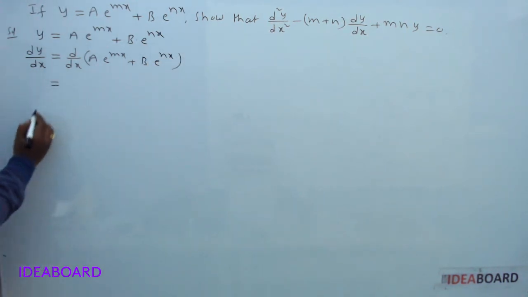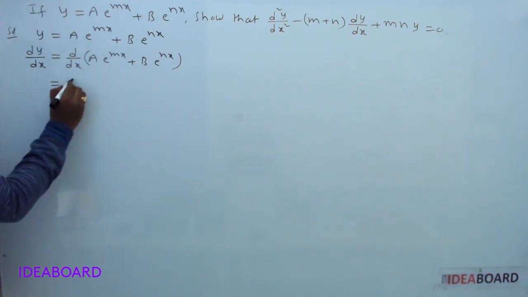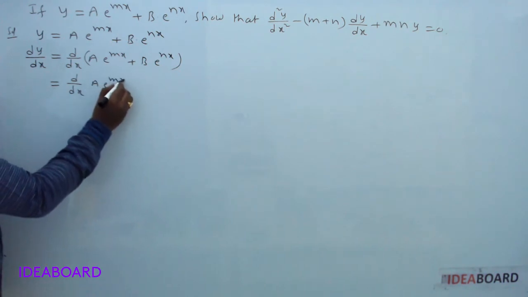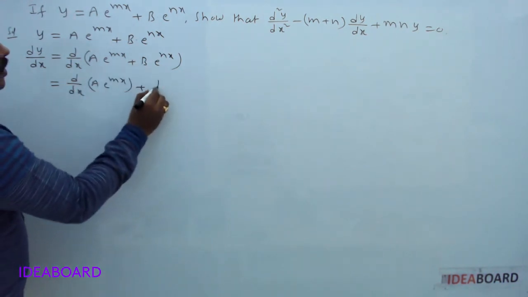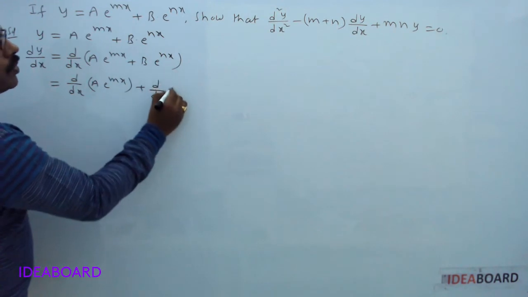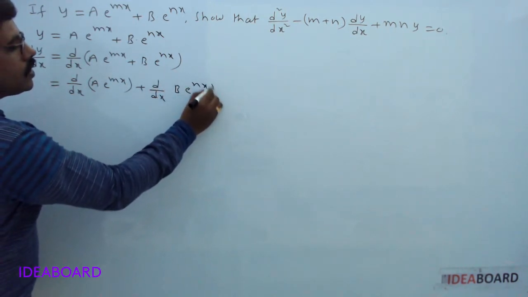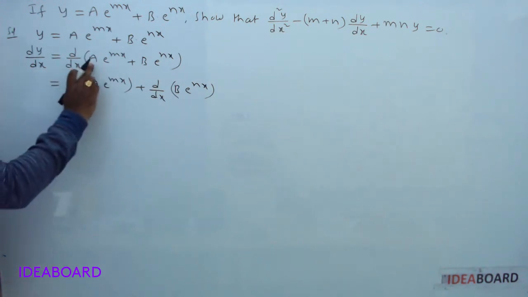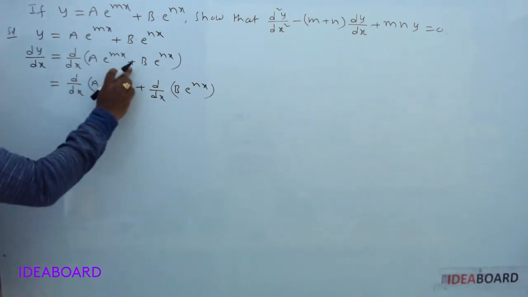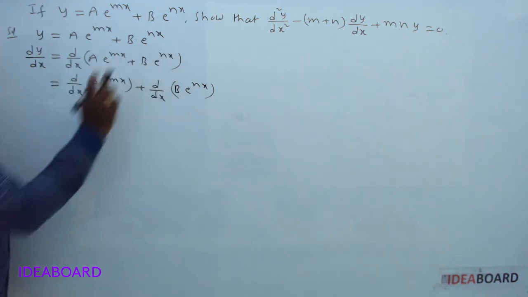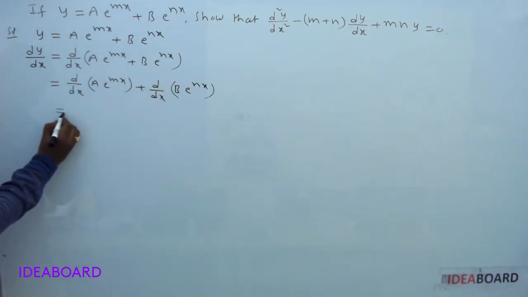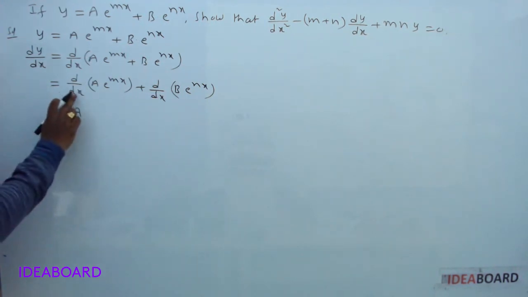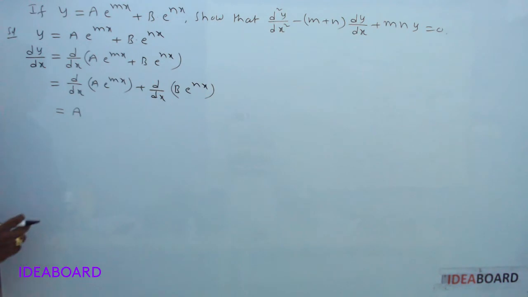Now this term can be expressed as a derivative of a into e power mx plus derivative of b into e power nx. Now this equal to, here a is the constant term, a into derivative of e power mx.